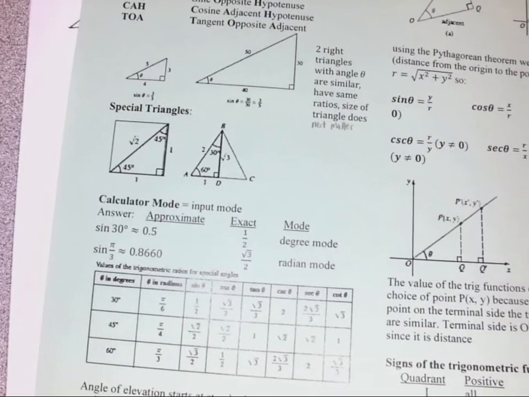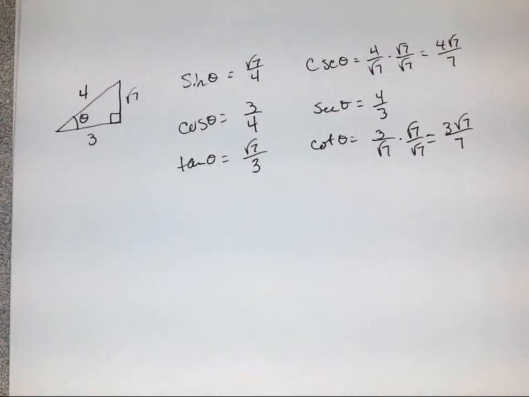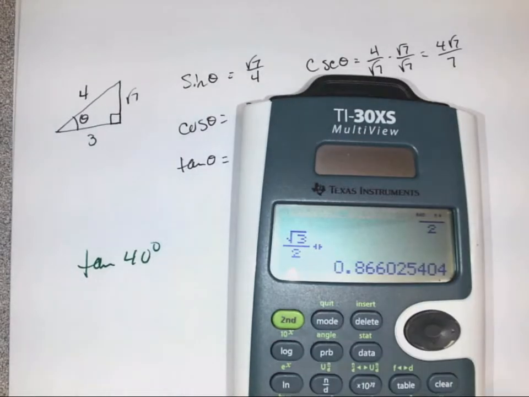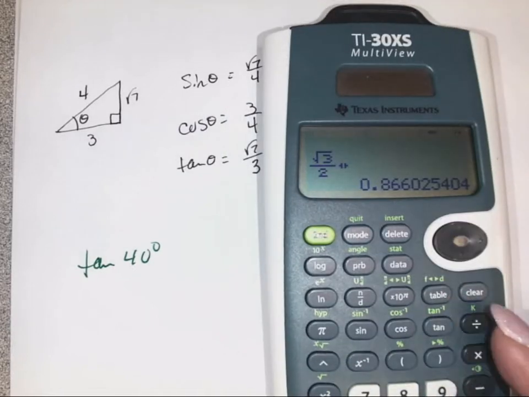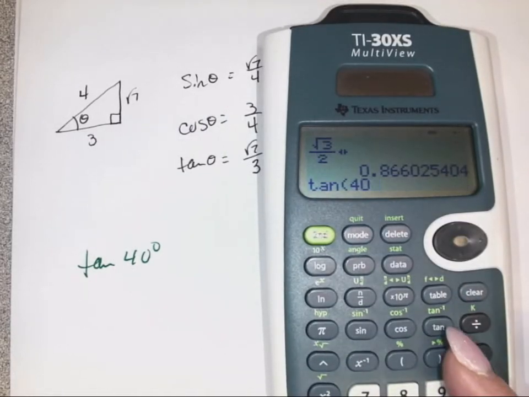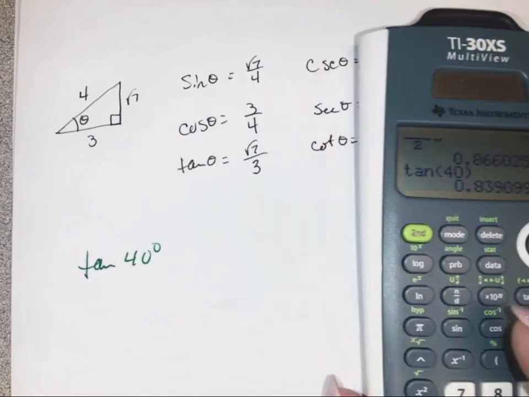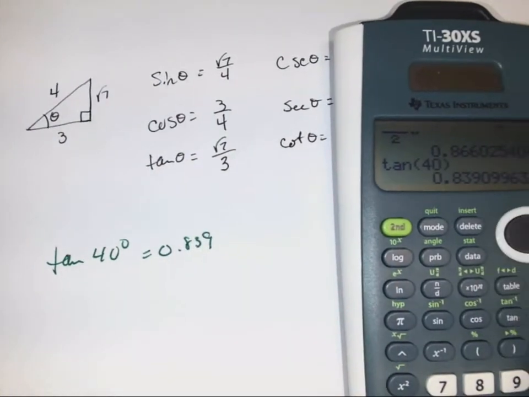Alrighty, so let's go look at some degrees and figure out what some of these are. If we're looking for the tangent of 40 degrees, then I need to make sure I'm in my degree mode. Then I can do tangent of 40 degrees, and I should get, to 3 decimal places, 0.839.